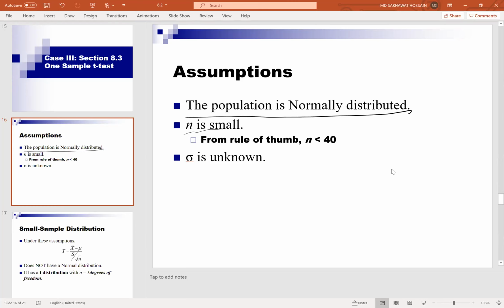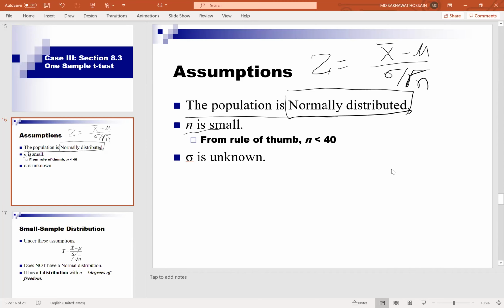If the population distribution is known and it is normal, then we can use z-test with the formula x bar minus mu over sigma over square root of n, and the sample size doesn't matter.